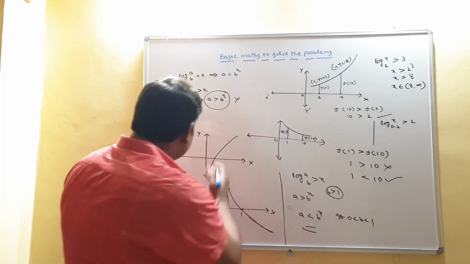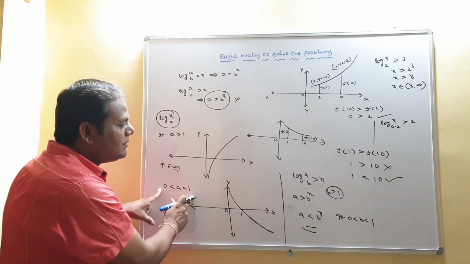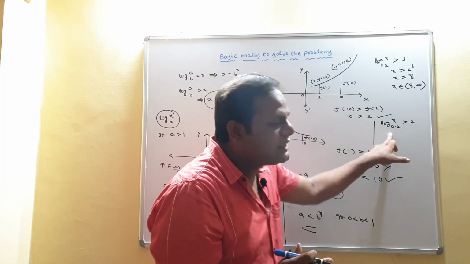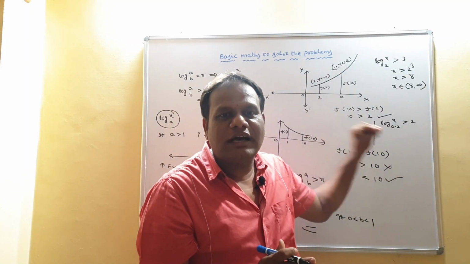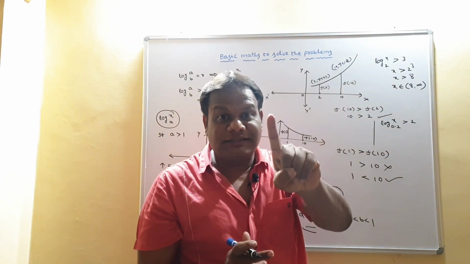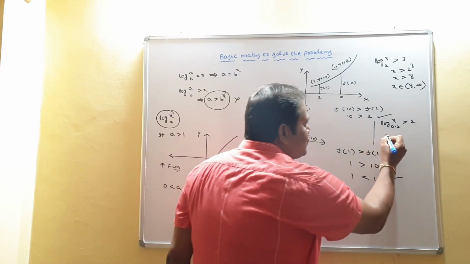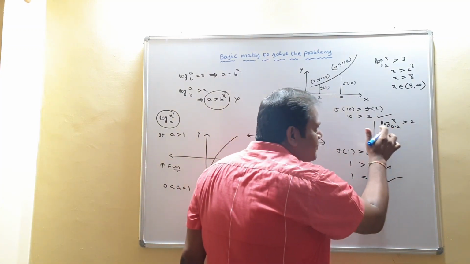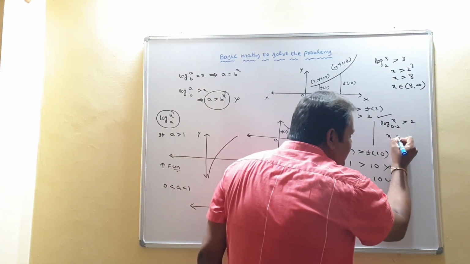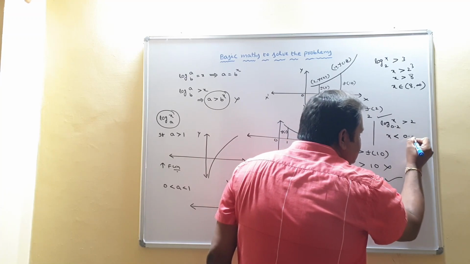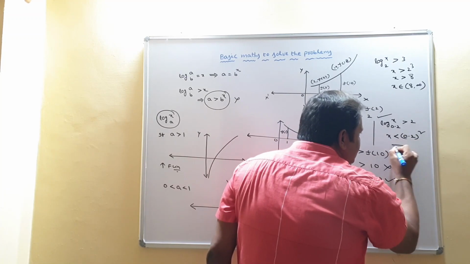So log is a decreasing function if the base is in between 0 and 1. So if you remove the logarithm, then the inequation sign changes. So x, we are going to remove this log function. So greater than becomes less than, and it is 0.2 whole square.